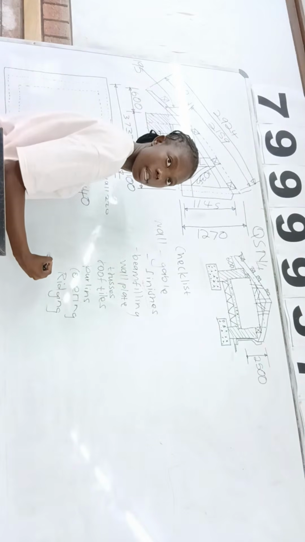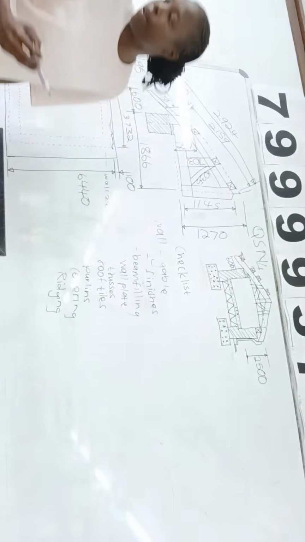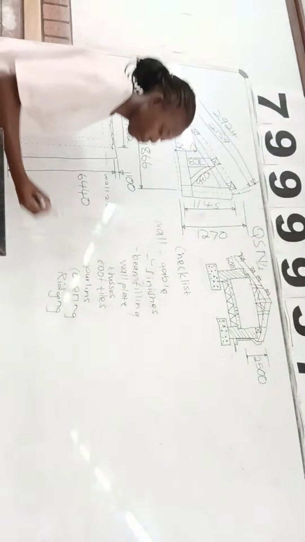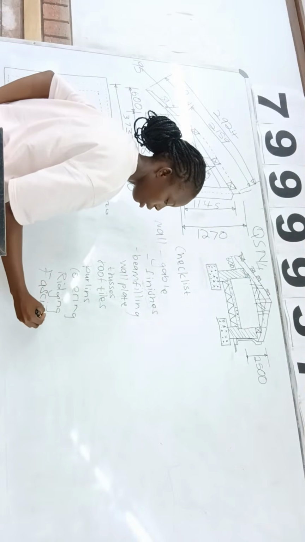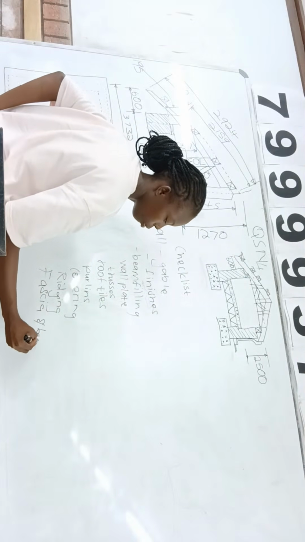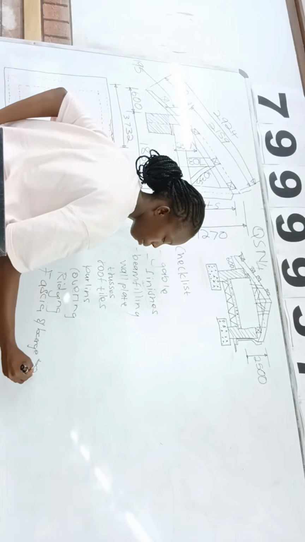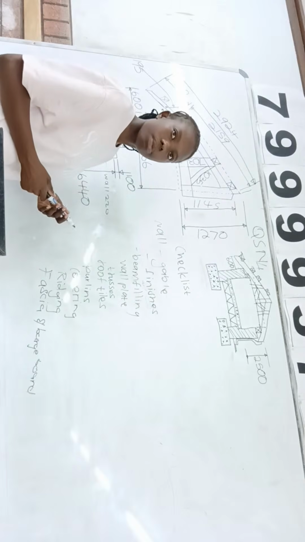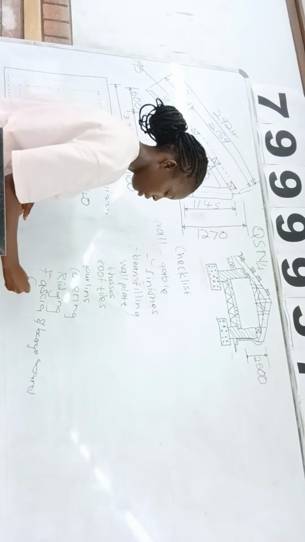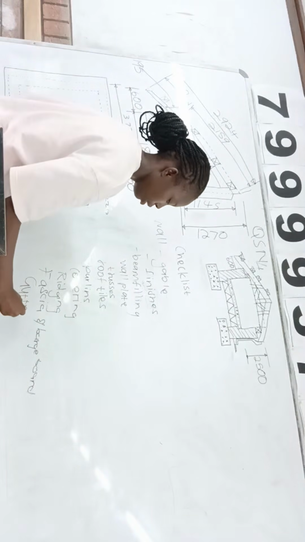Like this. Okay, and then the fascia and barge board. I just showed you what fascia board is and what a barge board is again. And then gutter, downpipe.